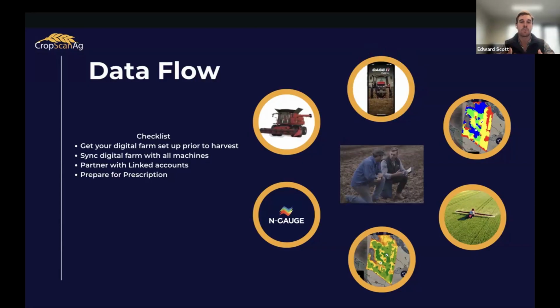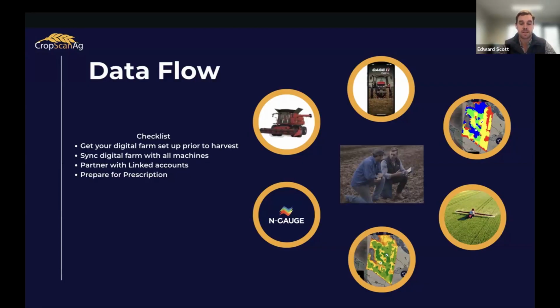It's called an API, a connection, a handshake that we do as CropScan and the Engage app with the machinery portal to bring that information in. Then all your protein data and yield data matches in with the right spot. Then from a year-on-year effect, all that data is accumulating in the right location to make it simple to access.